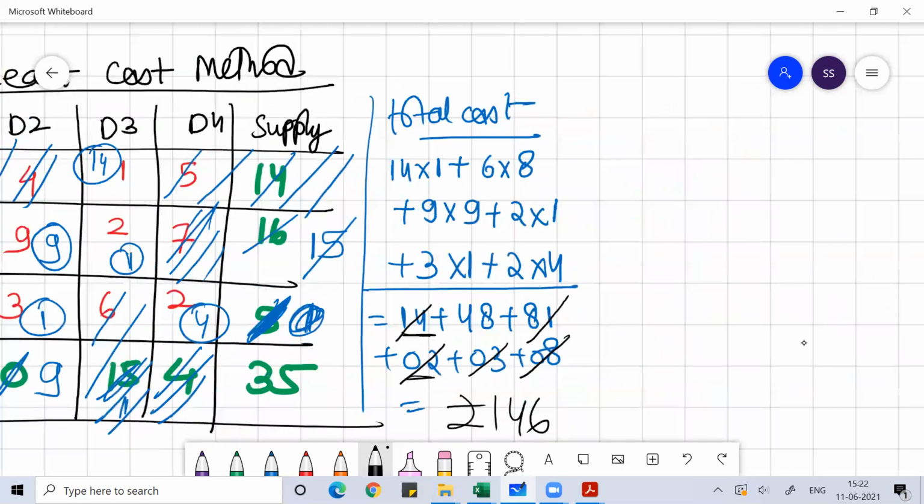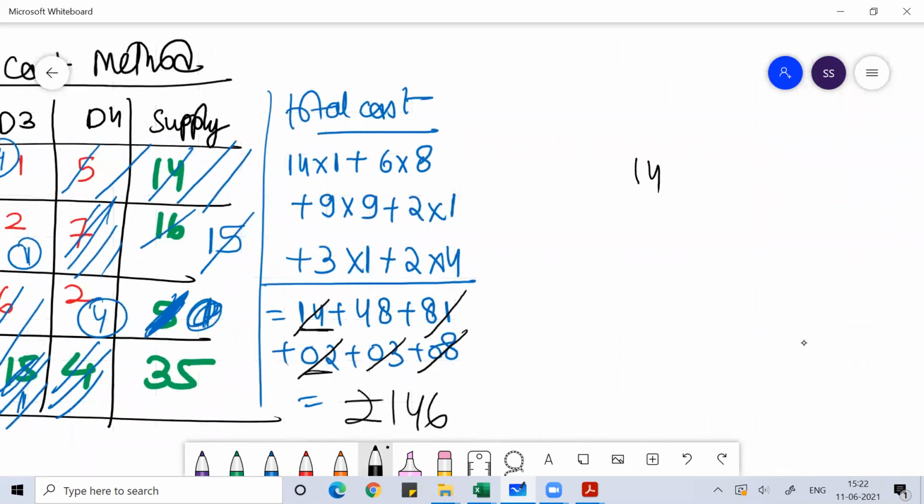Let me just check this. 14 plus 48 plus 81 plus 5, 11. Before you're getting here, one minute, I'm getting different values. 14, 48, then 81.